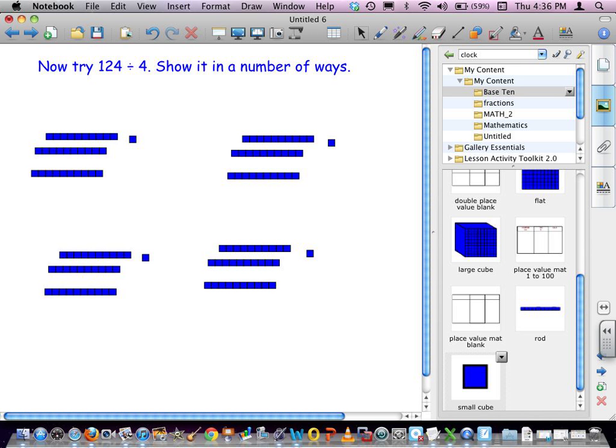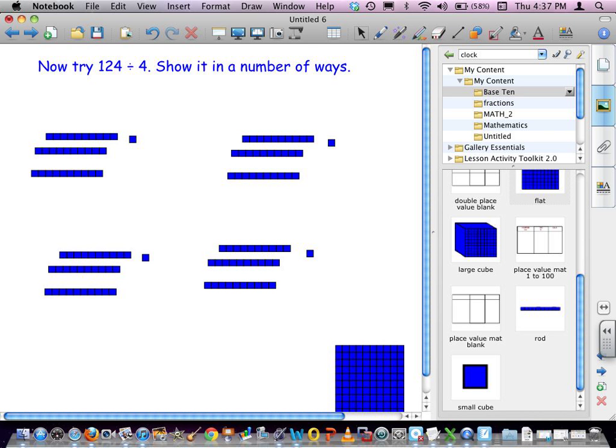Okay? And how we teach kids division, the first thing we do when we start teaching these bigger numbers is through fair sharing. It's the easiest way to get to this notion. So I take 120. I couldn't have shared my flat in 4 equal parts without trading, right? So I traded it for 10 rods.